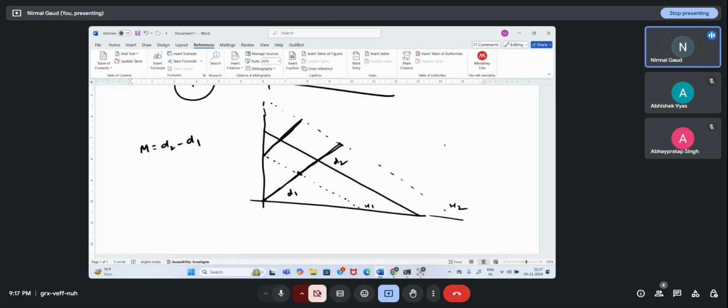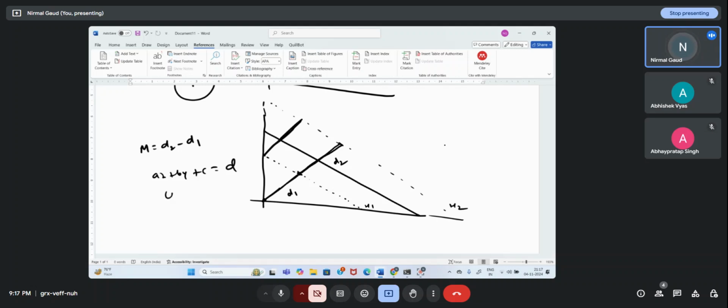Now, if you remember in coordinate geometry, what we have studied in 11th or 12th standard, if I need to find a perpendicular distance from a point over a line, let us suppose your line is ax plus by plus c equal to 0.